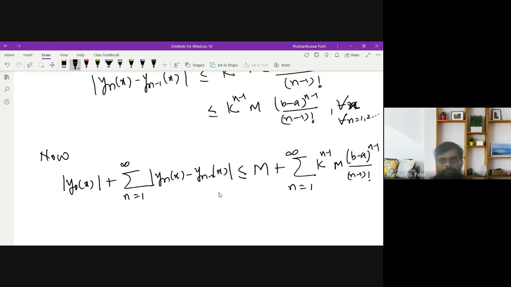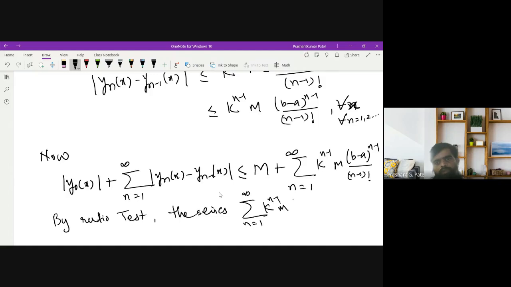And this quantity is convergent, due to the comparison or ratio test. So by the ratio test, the series, summation n running from 1 to infinity of k raised to n minus 1 times m times (b minus a) raised to n minus 1 upon (n minus 1) factorial, is convergent.